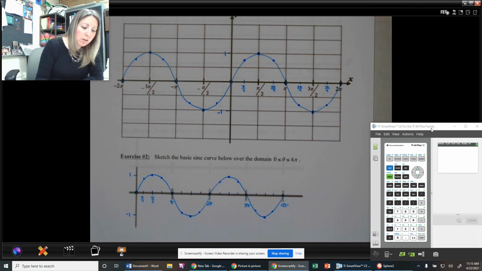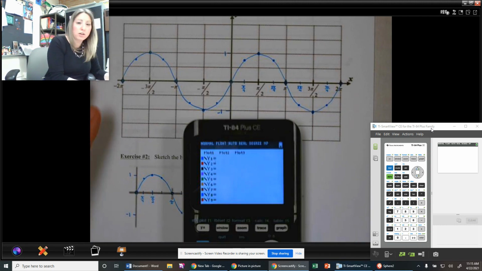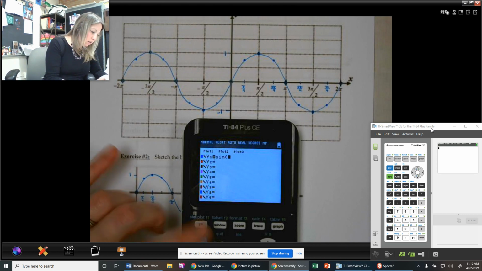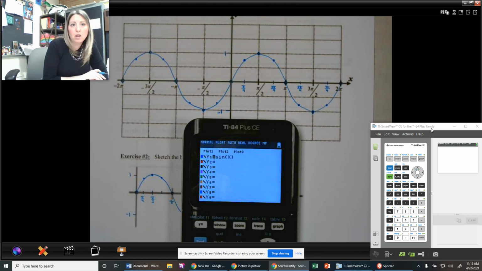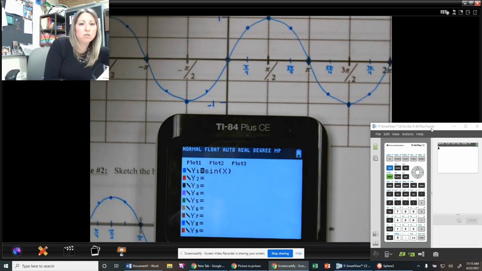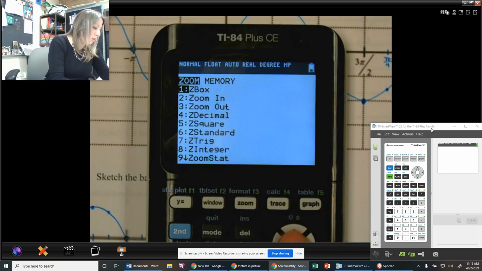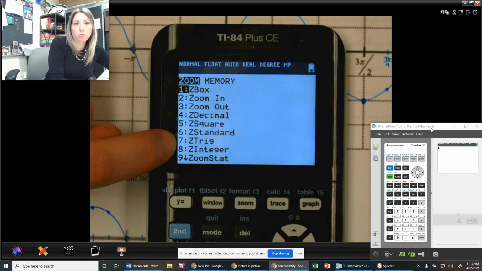Okay, if you want to look at that on your graphing calculator, you can press y equals and type in sine of x. But if you want to see this on your graphing calculator properly, you need to press zoom 7 for trig.